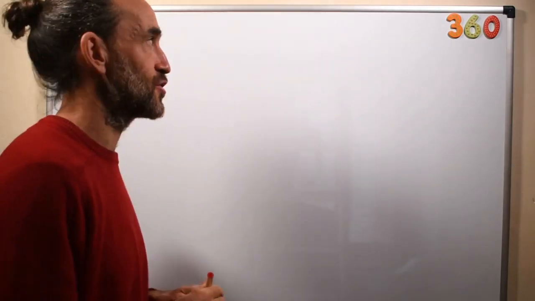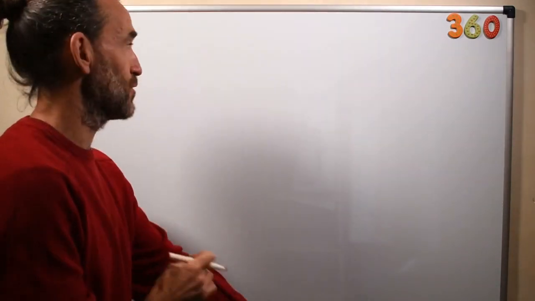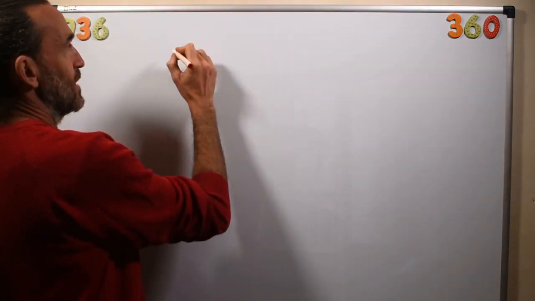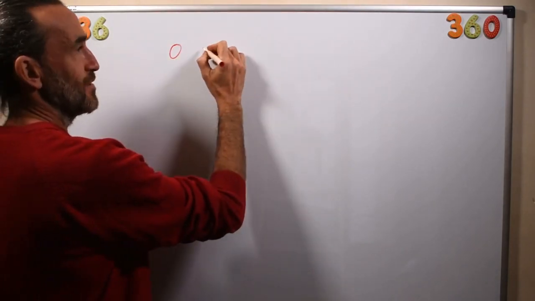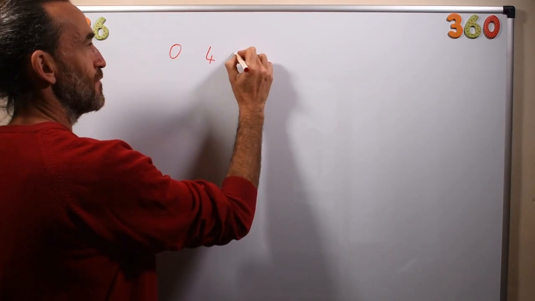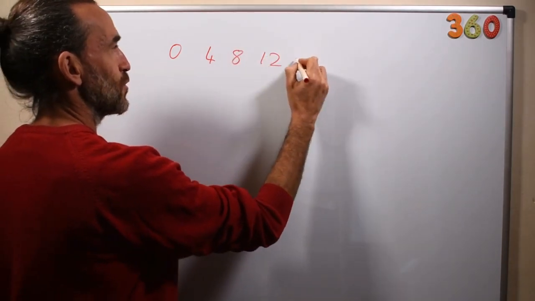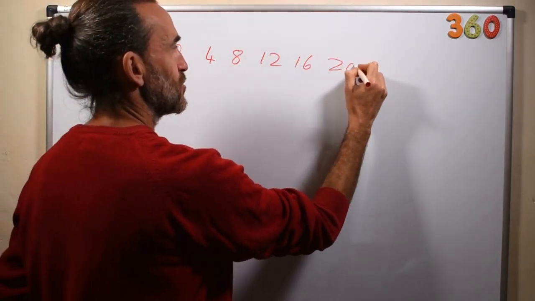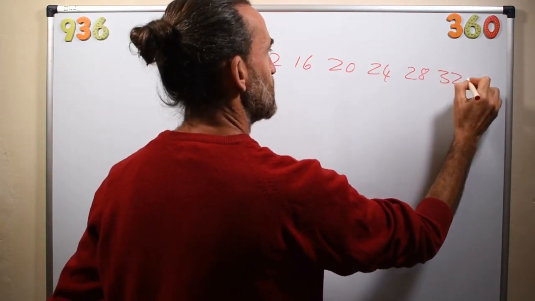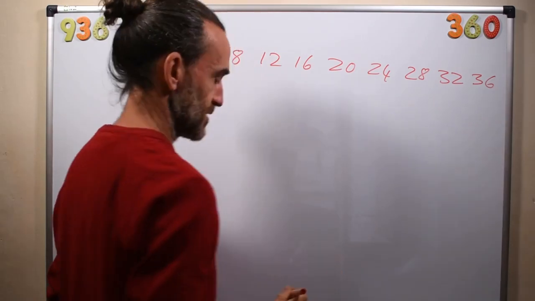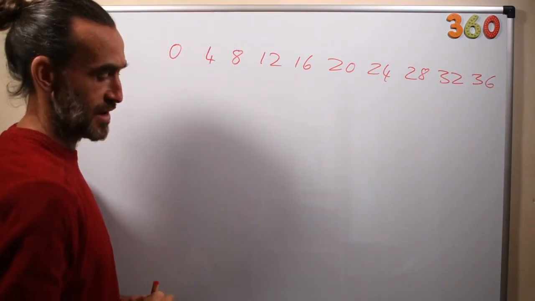But either way, we'll start with the 4 times table. And so let's have a look. We'll start with 0, because 0 is still part of the story. 0, 4, 8, 12, 16, 20, 24, 28, 32, 36. That'll do in terms of sequences for now.